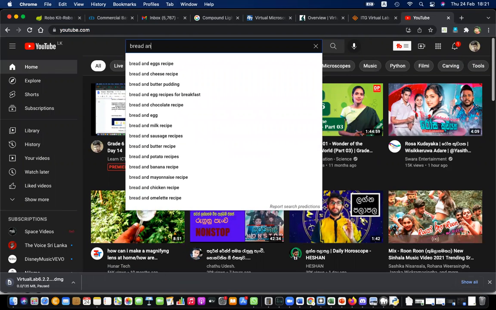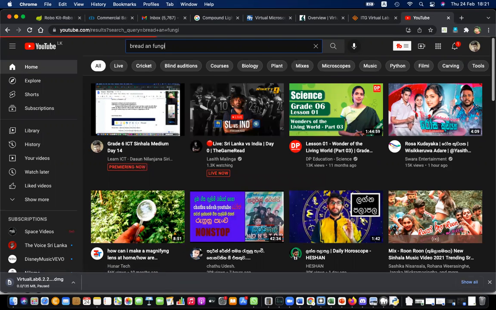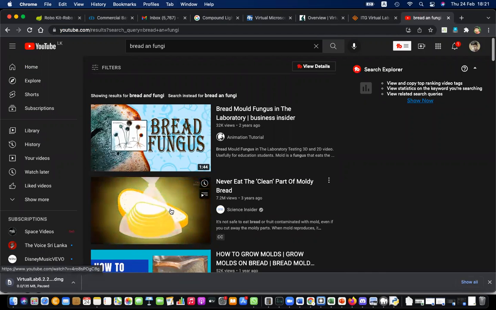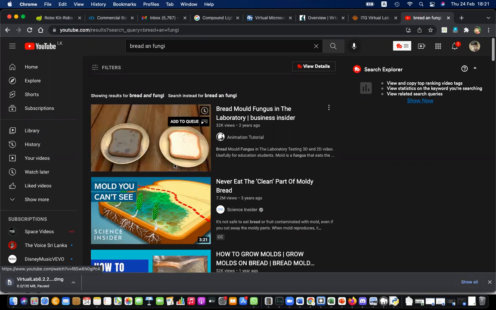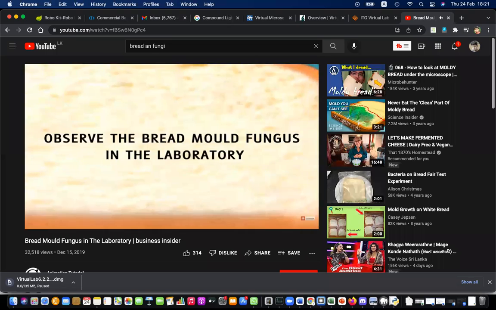Bread and fungi. This can be done for cheese also. Observe the bread mold fungus in the laboratory.